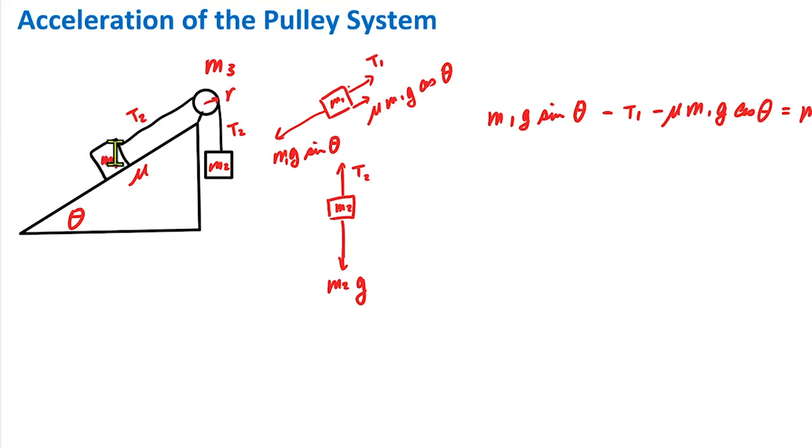So this M1, is it sliding to the left or upward to the right? Is this M2 moving down or moving up? Because direction of the friction depends on that. Yes? I guess that's if M2 is bigger or smaller than M1. Not necessarily. M1G times sine theta versus M2G is how you figure this out.